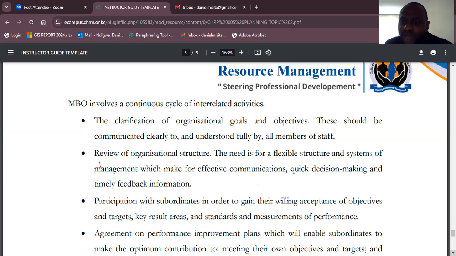Remember, every organization has a structure, and a structure basically is a chain of command, for example, who should report to who and at what time. So this structure should be very flexible so that you don't create barriers in organizations.